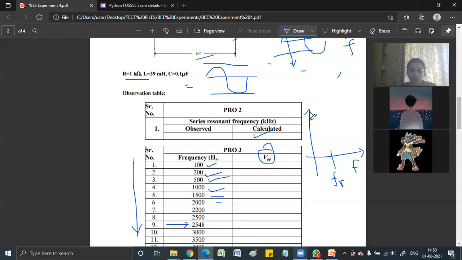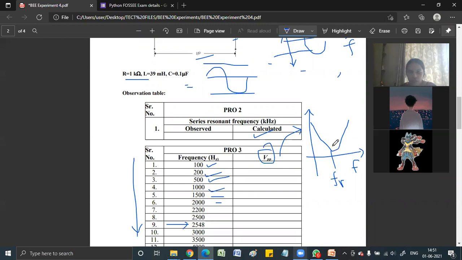So for the VPP that you are going to determine, at low frequency it is going to start decreasing. At resonant frequency, you will be getting a very minimum value, right? And at high frequency, as the frequency increases beyond the resonant frequency, your VPP will again increase.